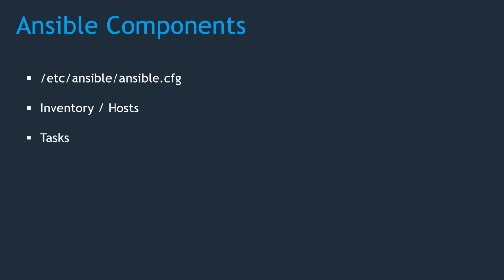Tasks are the activities which you are going to execute on the managed servers. Playbooks are collections of tasks. Modules are predefined commands which you can directly use in your Ansible playbook. So these are the components.